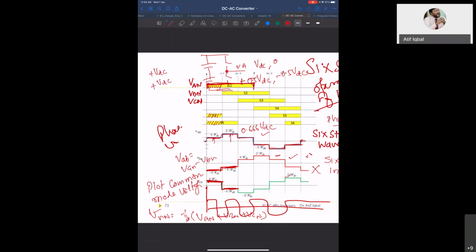S6 is at VBN, in phase B, so phase B is 0. So what will be the VNN? VNN will be minus of 1/3 VDC plus VDC, so this gives you minus 2/3 of VDC.